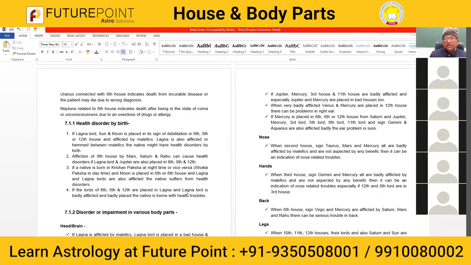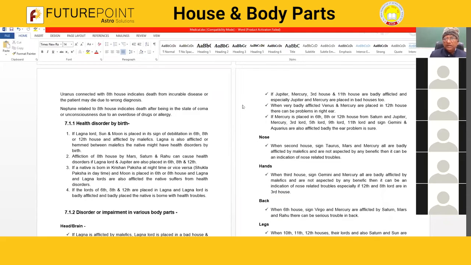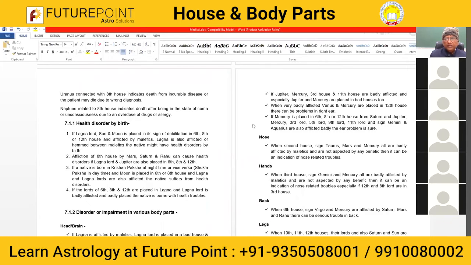Ears: if Jupiter, Mercury, third house and 11th house are badly afflicted, then we can say that you will have ear problems.